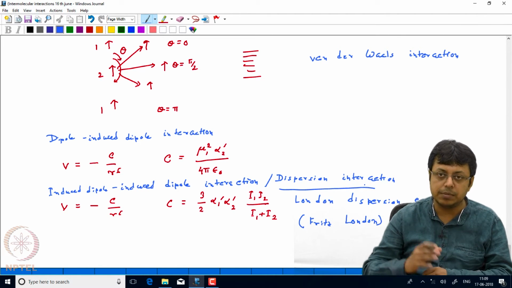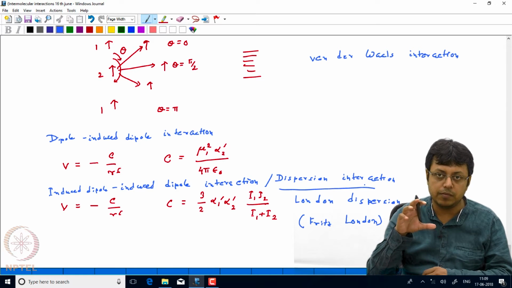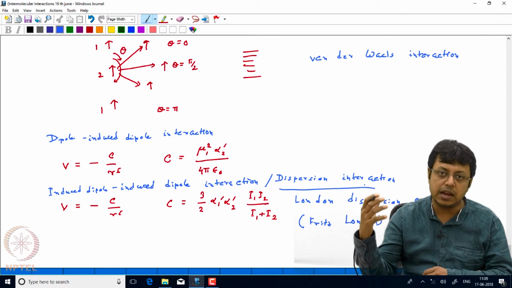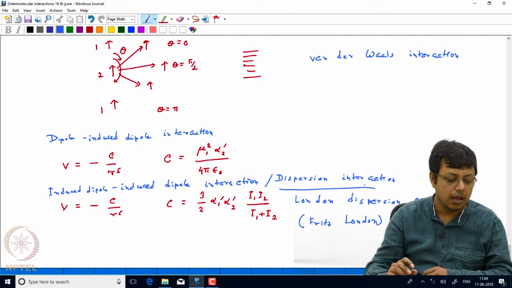So, sometimes some textbooks talk about van der Waals interaction and they mean the dispersion interaction itself, but more generally van der Waals interaction means the attractive interactions between the molecules, which can also be dipole-dipole, dipole-induced dipole, or induced dipole kinds of interactions.